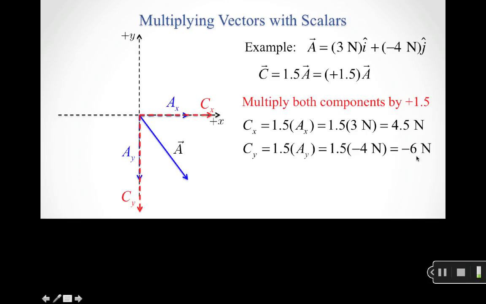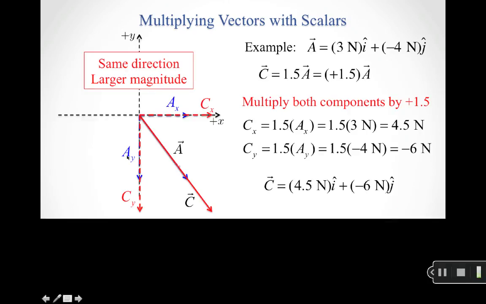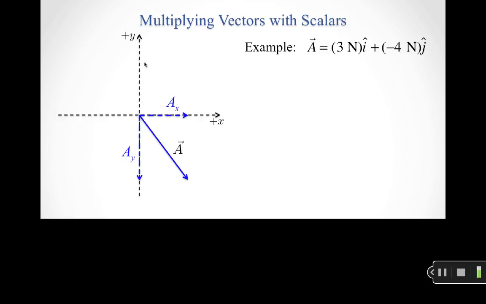The y component of vector C will be 1.5 times negative 4, so that's going to be negative 6. When I draw out vector C, positive 4.5 newtons for the x component, negative 6 newtons for the y component, what I see very clearly is that vector C points in the same direction as vector A, but now has a larger magnitude.